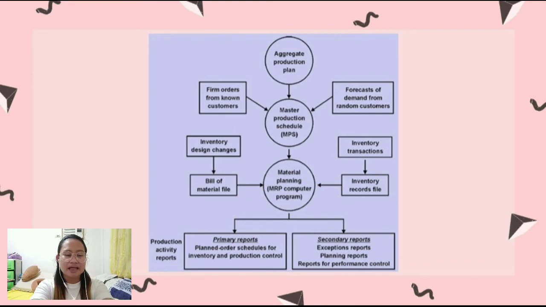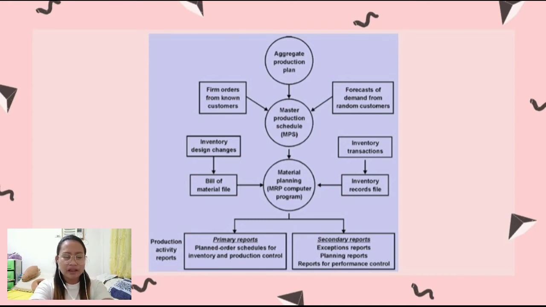This MPS also needs firm orders from known customers, aggregate production plan, and forecast of demand from random customers. Then it will proceed in the MRP, which needs also inventory design changes, bill of material file, inventory transactions, and inventory records file.